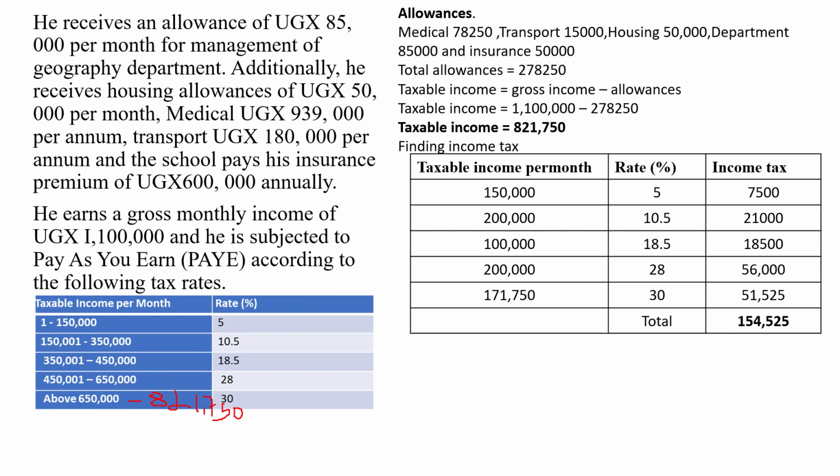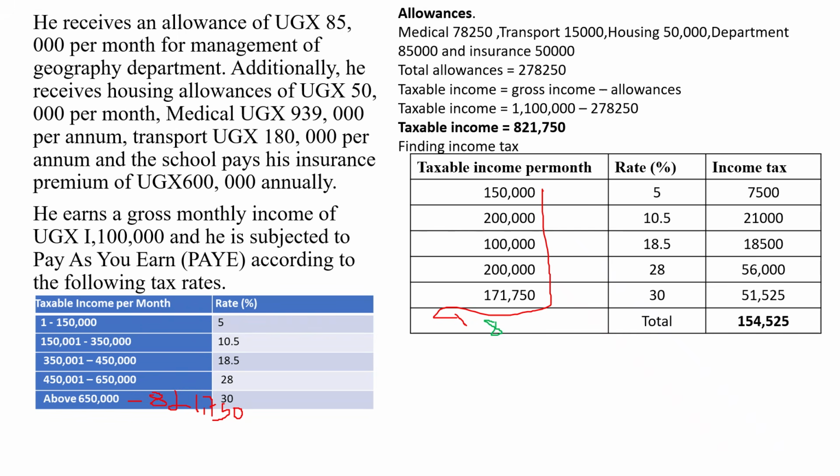Such that you don't tax now, instead of having 650,000, it doesn't make sense. So just make sure that the moment you add all this, you get your taxable income. If you don't, my friend, you need to check, because the answer will not be right.